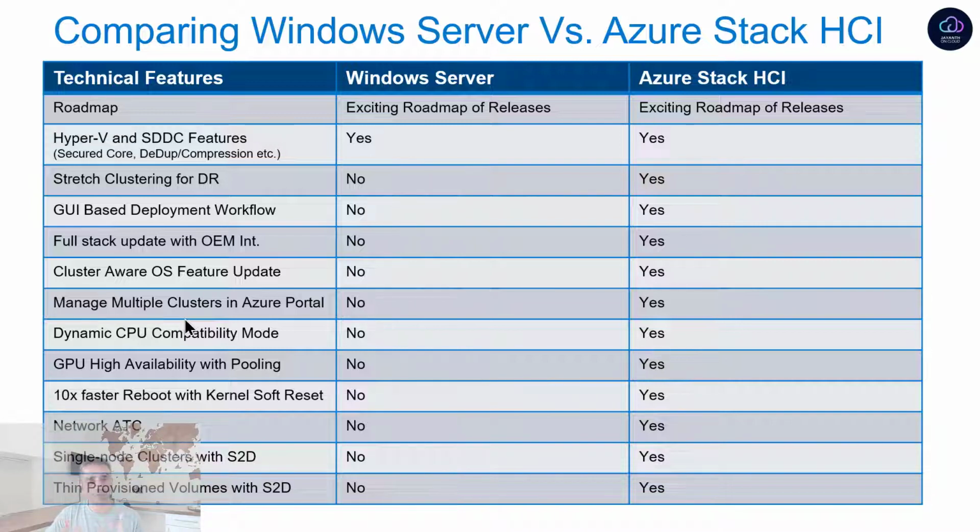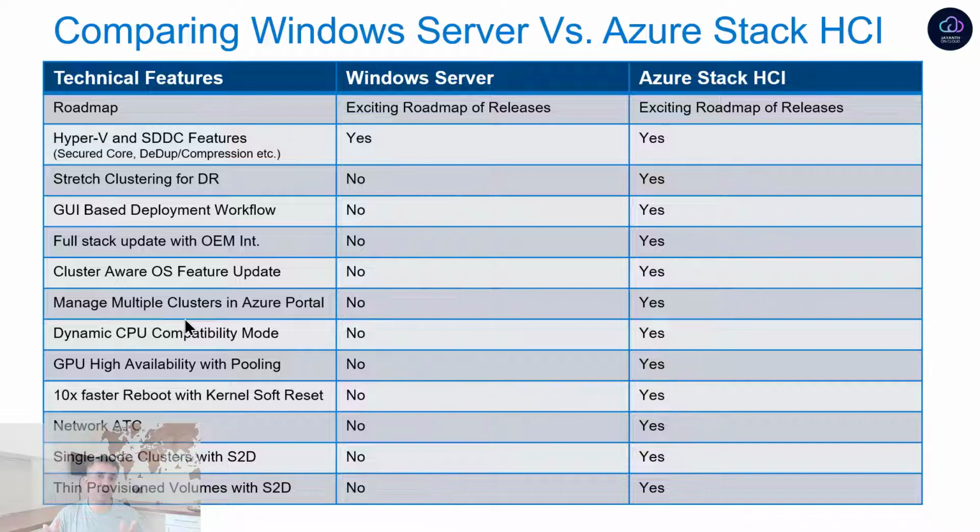When Microsoft did the comparison between Azure Stack HCI deployed with 21H2 versus 20H2, which did not have the kernel soft reboot feature, 21H2 just required 20 minutes to reboot versus 20H2, which took about 4 minutes on a Dell PowerEdge 8740 XT. So you can see the difference in the amount of time it took.